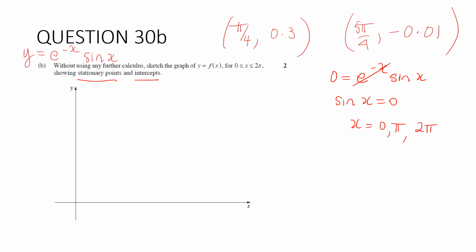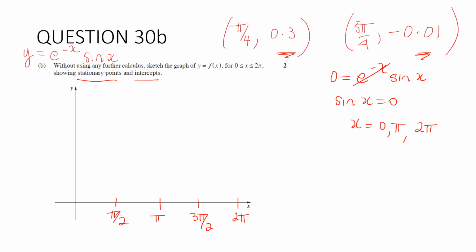All right, let's do something here with the x-axis. We've got pi on 2, pi, 3 pi on 2, and 2 pi. Now I've got a bit of a problem with these y coordinates, which I approximated from the previous question. They're very small.